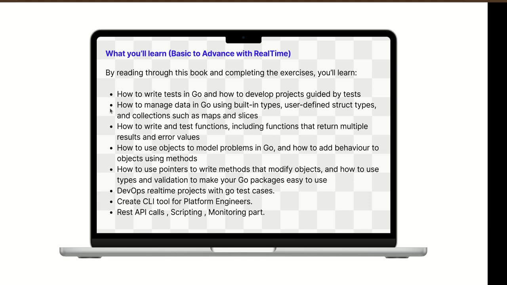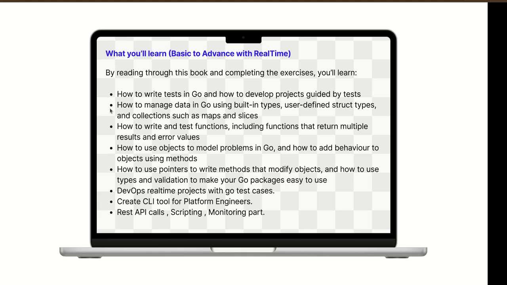Next we will learn how to write and test functions, including functions that return multiple results and error values. That is very important. Sometimes we write code but we don't know whether it will run properly or give the result we are expecting. Those we will test via test cases.